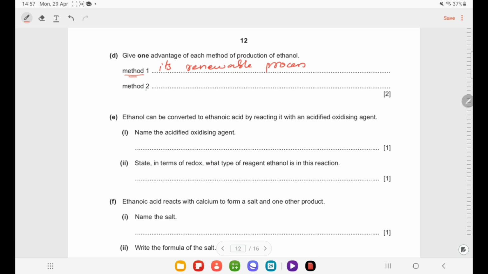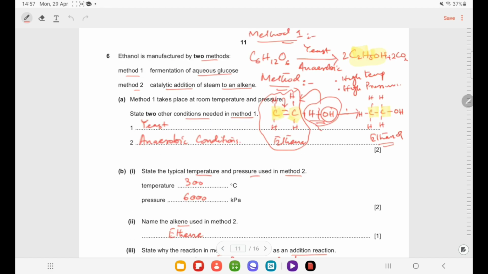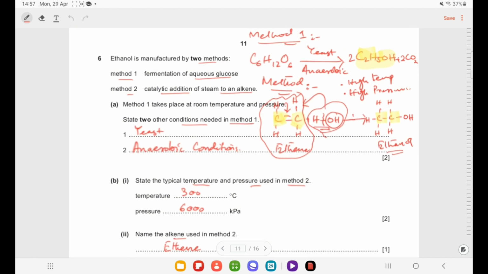If we discuss the advantage of method 2, the addition of steam to ethene, this method gives us high production of alcohol, because, let me show you, method 1 only gives us 16% ethanol.